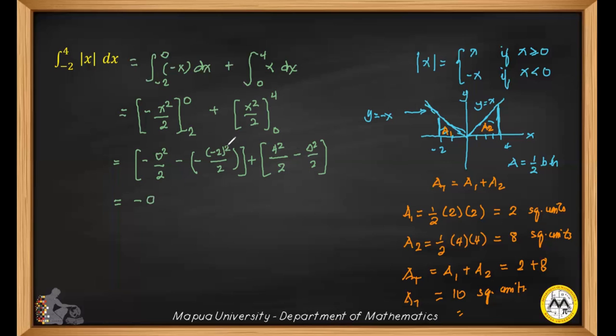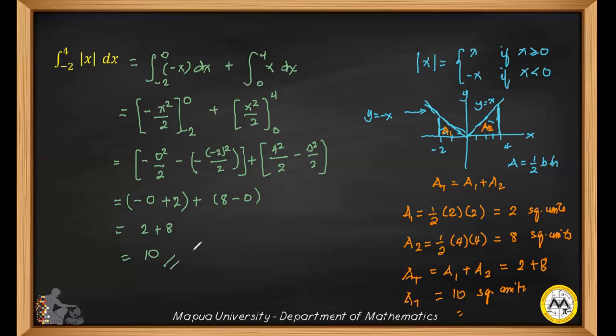Negative 2 squared is positive 4. Dividing it by 2 will give us 2. Minus minus is positive. So that will simply give us 2. Then plus 4 squared is 16. Dividing it by 2 will give us 8 minus 0. Hence, we will have 2 plus 8, which is equal to 10.